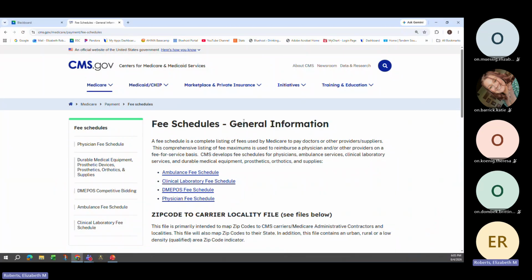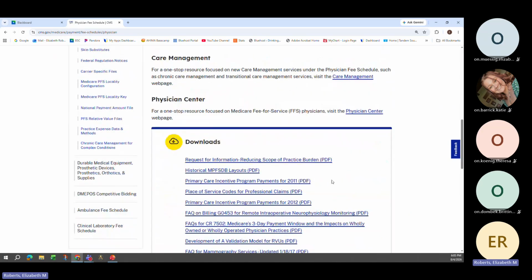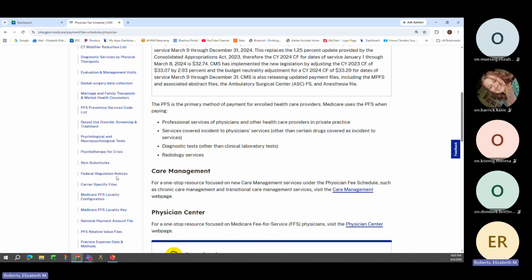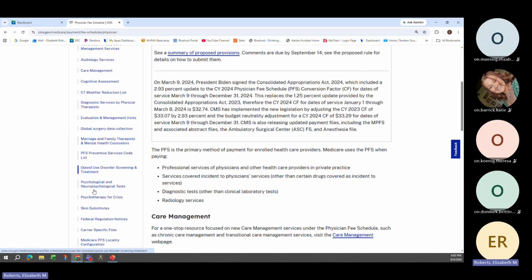If you click on fee schedules, you have an ambulance fee schedule, clinical laboratory fee schedule, DME POS, which is DME supplies, durable medical equipment, and physician fee schedule. So I'm just going to click one of these. There's going to be a lookup tool somewhere. Lookup tool overview. They always change this. It's like they don't want you to find it.